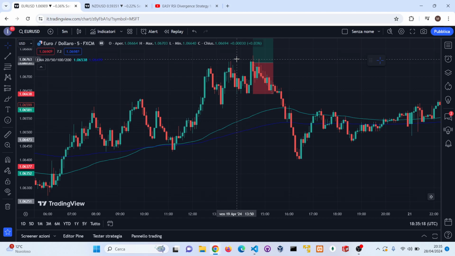The divergences that my software found could be slightly different from yours. It depends on the software that you're using to backtest, because the data are slightly different on each platform. I'm using the data from FXCM, which is the same as TradingView.